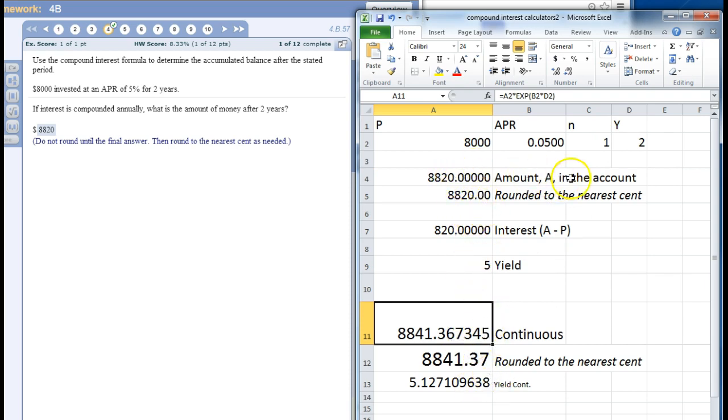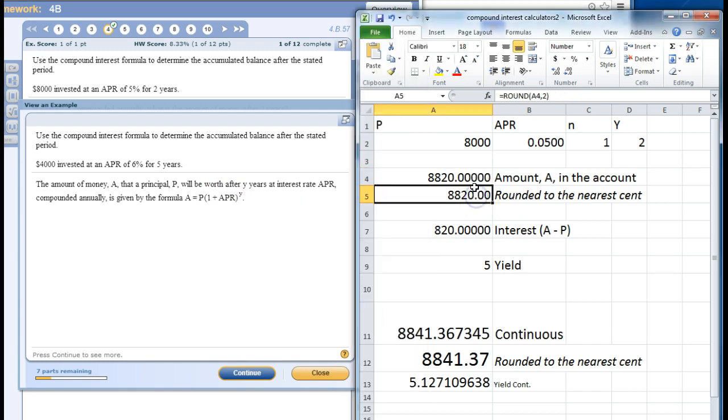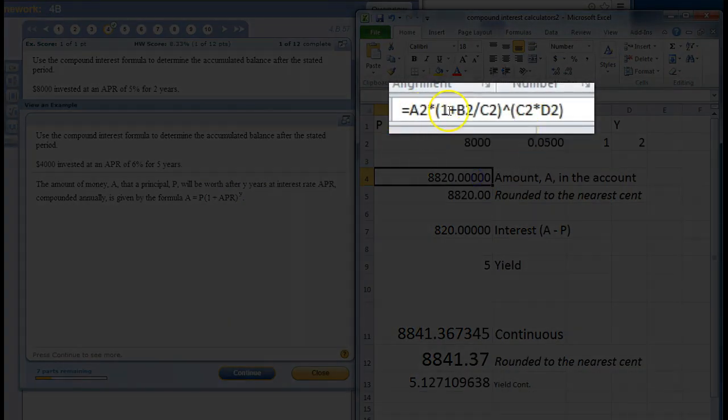But I want to show you where the amount comes from. If you were to click view an example here, it gives you this formula, A equals P times parentheses 1 plus. Well, if you click here and look up at the formula in Excel, A2 is 8,000, that's our principal.